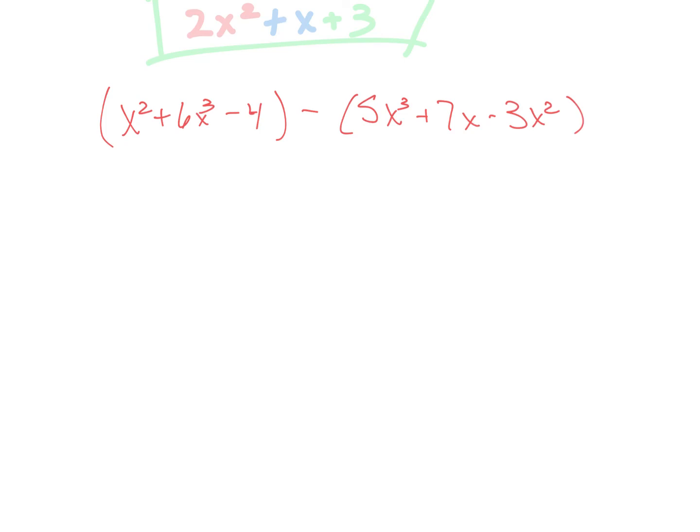Now we have this negative, so we want to distribute it. That's going to be negative 5x to the power of 3. We want to distribute it to this 7x, so it's going to become negative 7x. And then we distribute it to our negative 3x squared, so we're going to do a positive 3x squared.